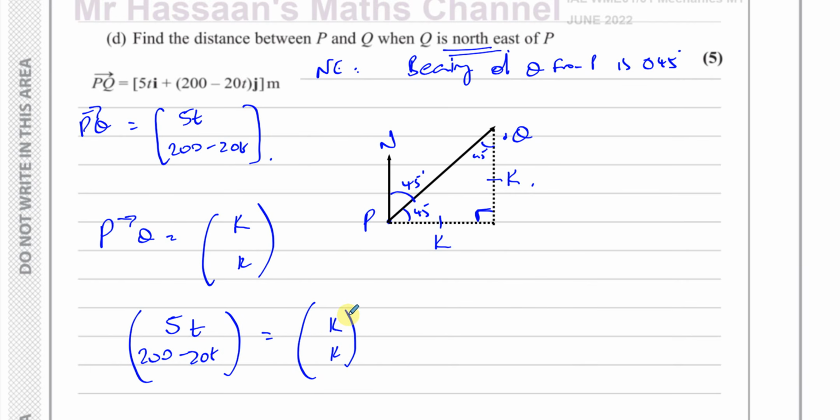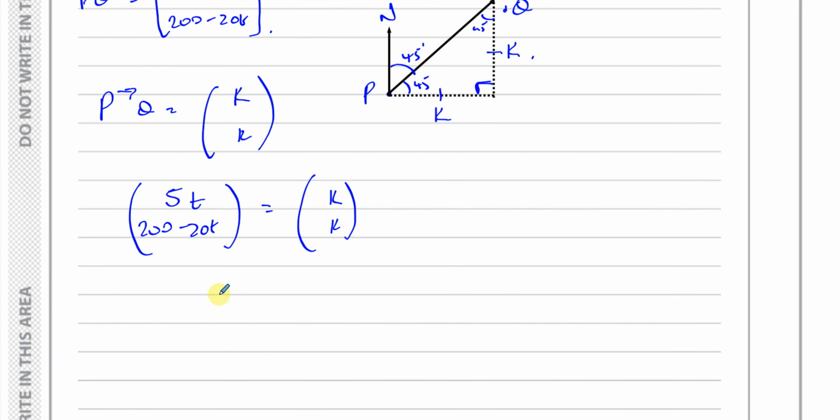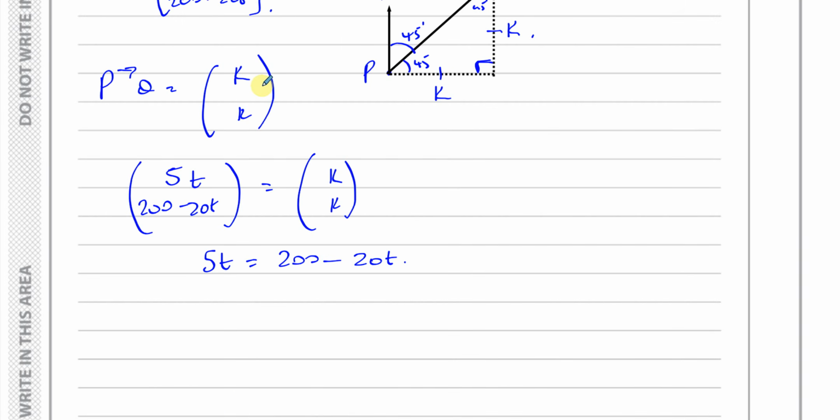Because they're both equal to K, I can say 5t is equal to 200 minus 20t. When I solve that for t, I will have found the time at which Q is northeast of P, and then I can use that time to find the distance between them. So let's first find the time.